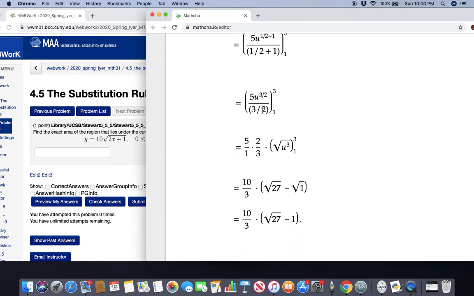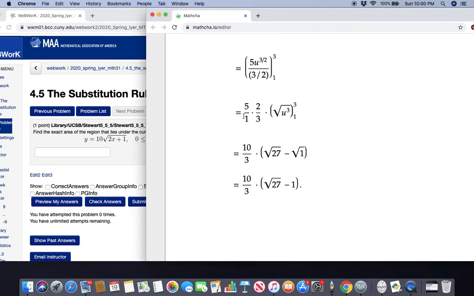Division by a fraction is multiplication by the reciprocal. So 5 is 5 over 1, divided by 3 over 2, is multiplied by 2 over 3. And then u to the power 3 halves. What is the meaning of power 3 halves? Square root of u cubed. My limits are from 1 to 3.